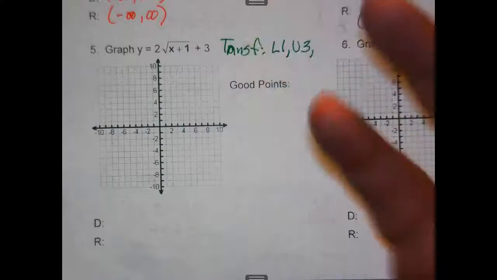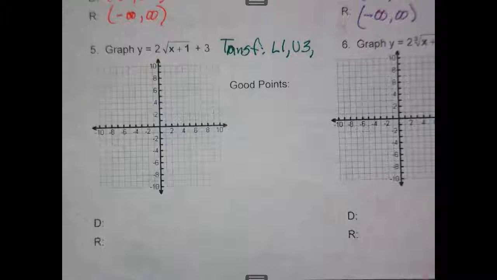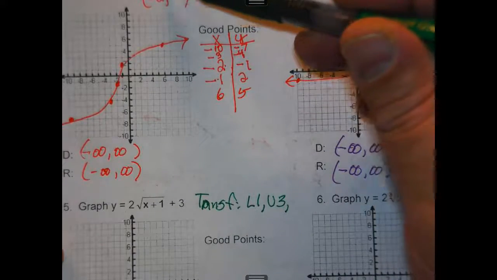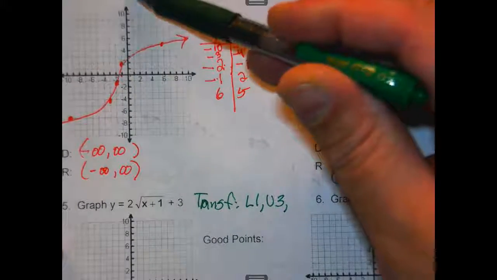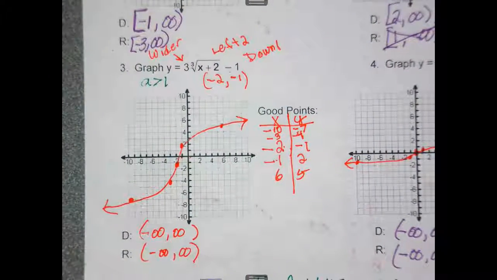You know what? It's better to put it in a calculator and see if it's wider or narrower than to try to remember all that. Number 3 is wider because A is greater than 1. A is greater than 1.